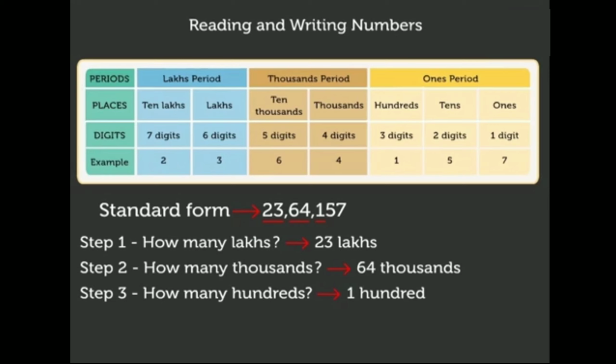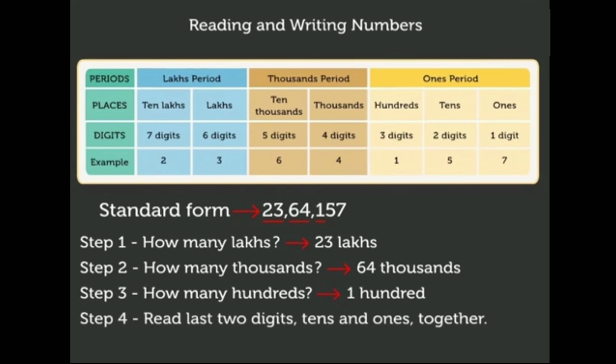Step 4. We read the last 2 digits, tens and ones, together. That is 57. We read this number as 23,64,157, like this.